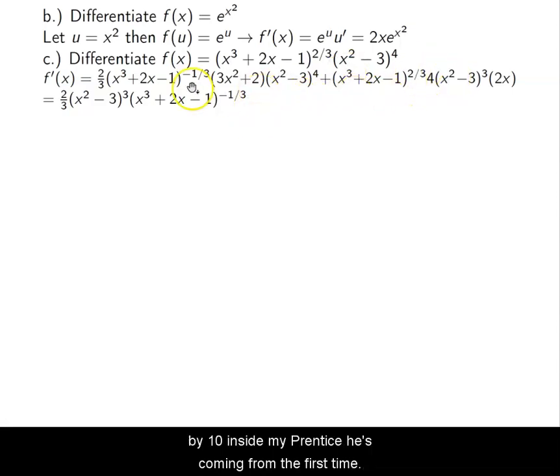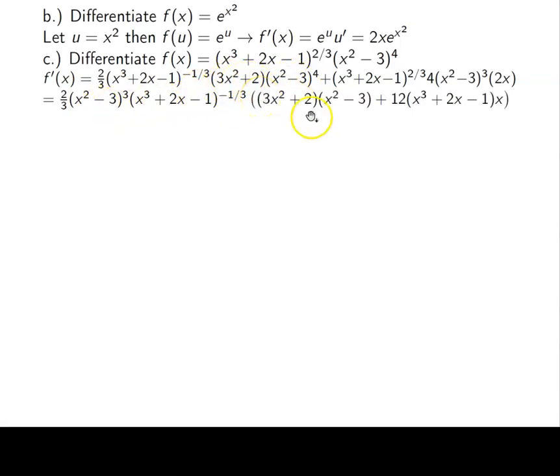So inside of my parentheses, coming from the first term, there's no 2/3, there is no x cubed plus 2x minus 1 of any kind, there is a single x squared minus 3, and there is a 3x squared plus 2.